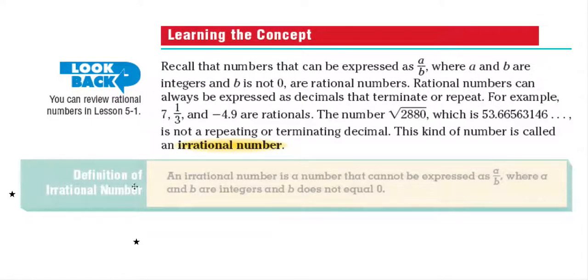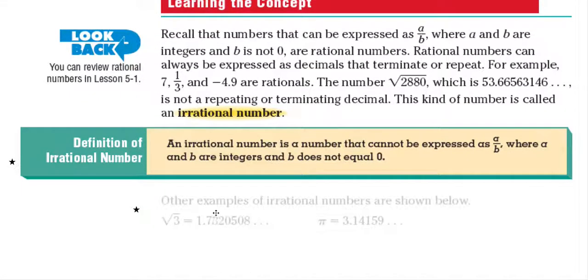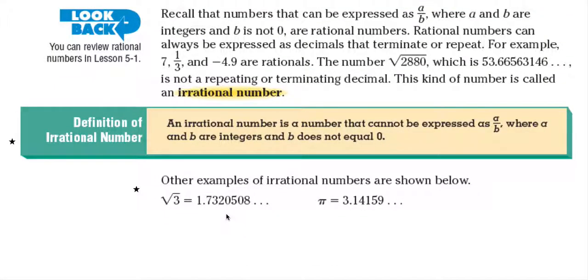Let's define what an irrational number is. An irrational number is a number that cannot be expressed as a over b, where a and b are integers and b does not equal 0. Other examples of irrational numbers are shown below. Radical 3, which is 1.3720508..., where the three dots indicate that it will go on forever, not repeat.